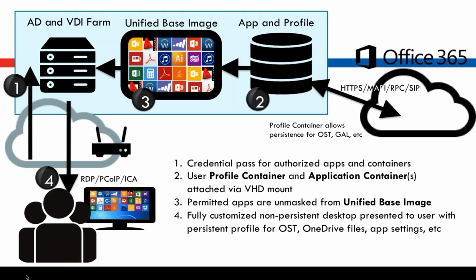We see the OneDrive and OST data as what we call disposable or easily recreatable data. So it doesn't need to be protected. You might want to do backups just because of the quantity of data and you don't want to have to recreate all that stuff. But ultimately, the Exchange servers and OneDrive are the authoritative source for that data.